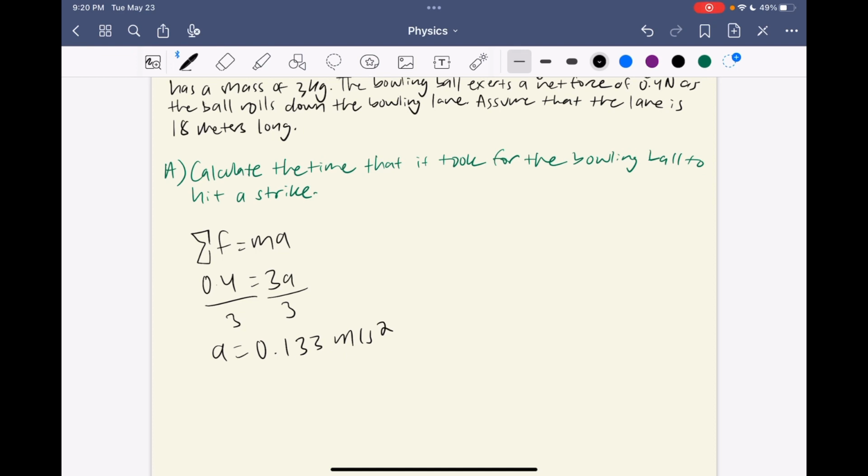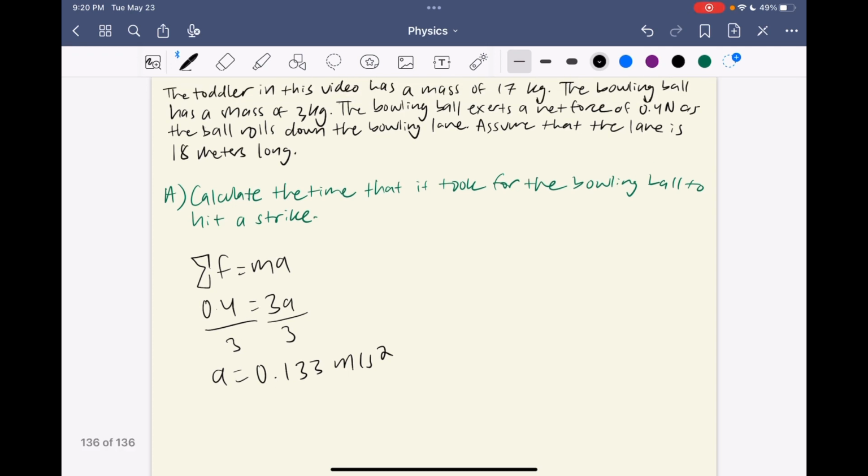Now, we can plug it into our displacement formula to find the time. So delta x equals initial velocity times time plus 1/2 times acceleration times t squared. We know that the ball starts from rest, so vi is 0, we can cross that out.